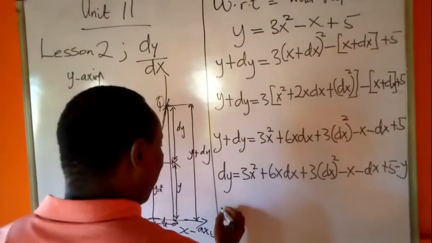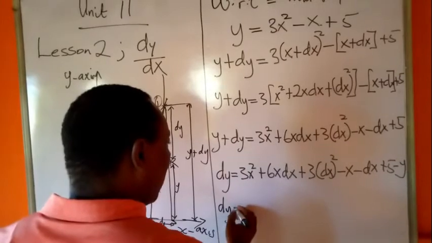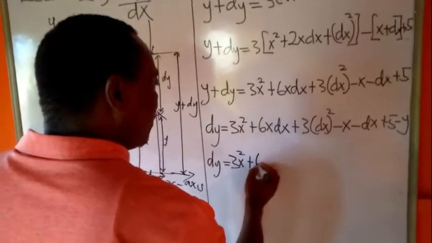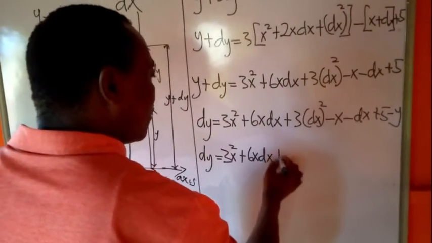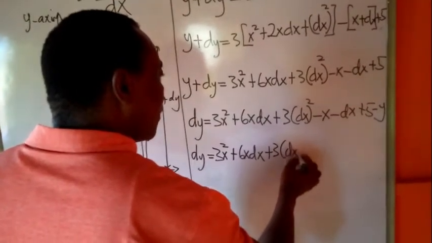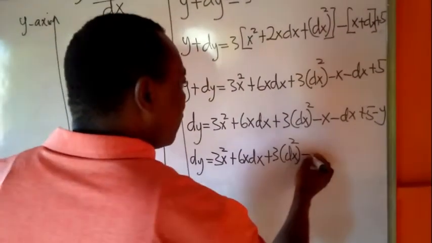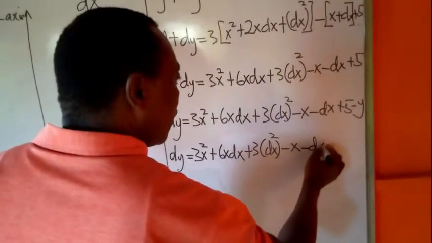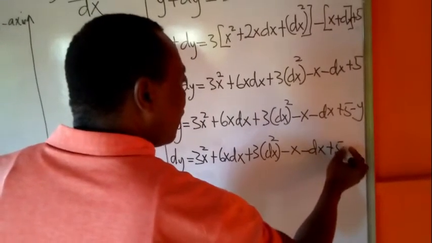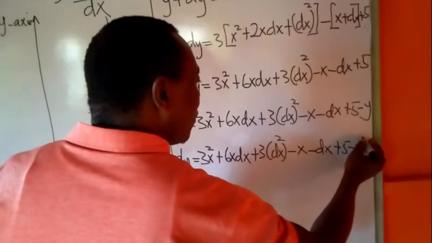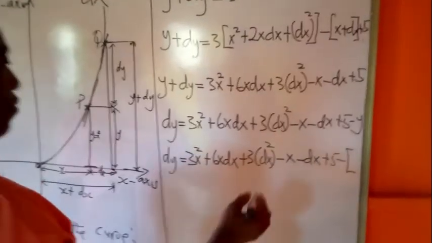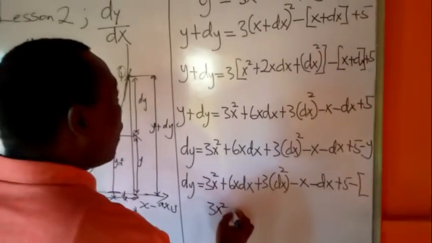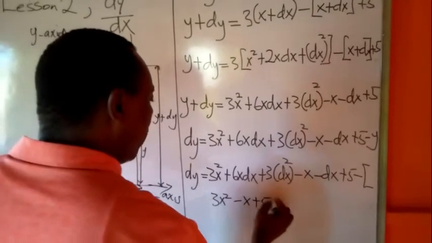So what you have there now becomes dy is equal to 3x squared plus 6x dx plus 3 dx squared minus x minus dx plus 5 minus, we will now put y, and that y is simply 3x squared minus x plus 5.